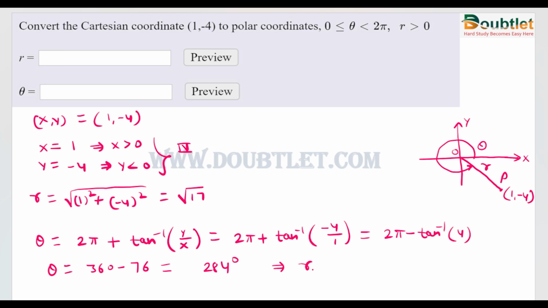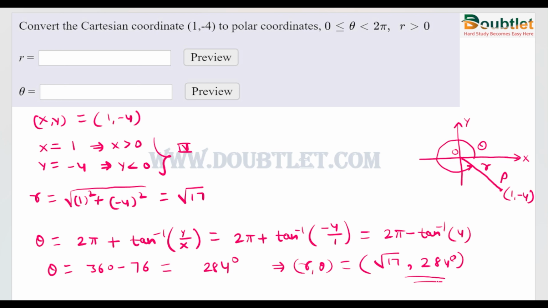So if we write the polar coordinates (r, theta), we got root 17 comma 284. We can also convert this into radians by multiplying by pi divided by 180.